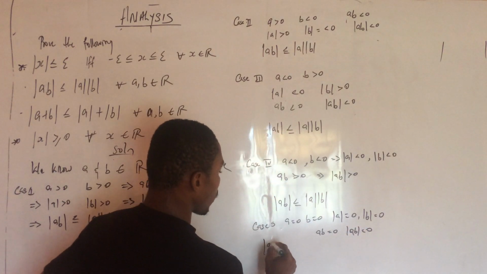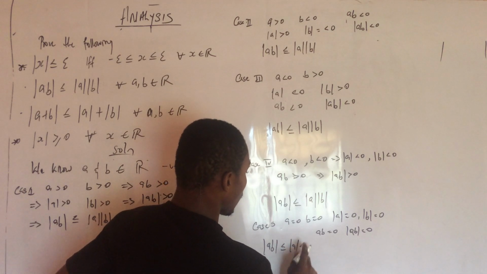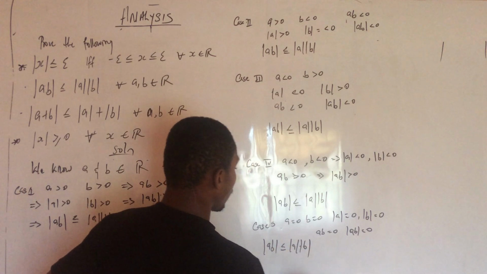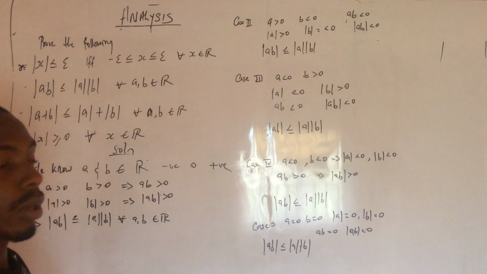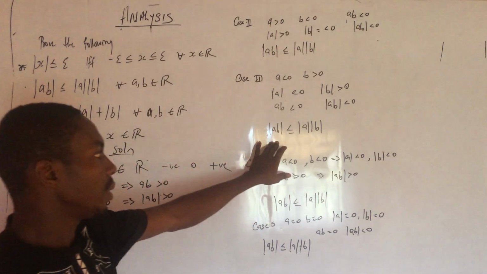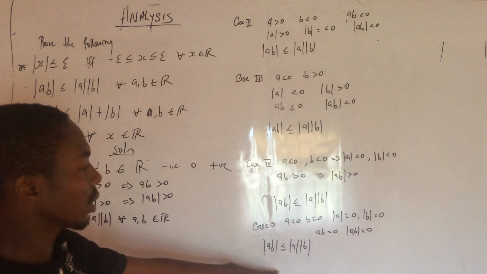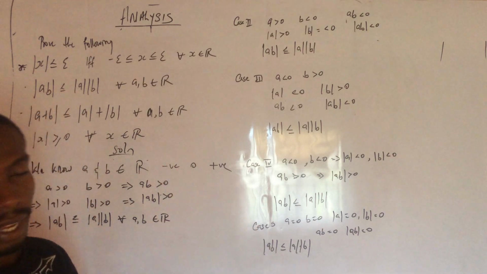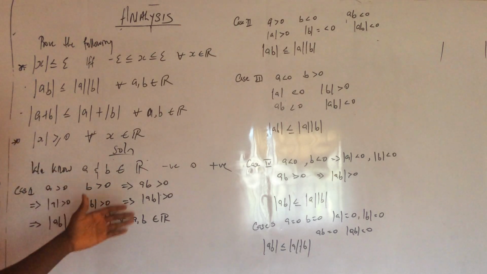So meaning that absolute value of AB is less or equal to absolute value of A and absolute value of B. So whichever case, we're going to find out that the absolute value of AB is going to be less or equal to absolute value of A multiplied by absolute value of B.